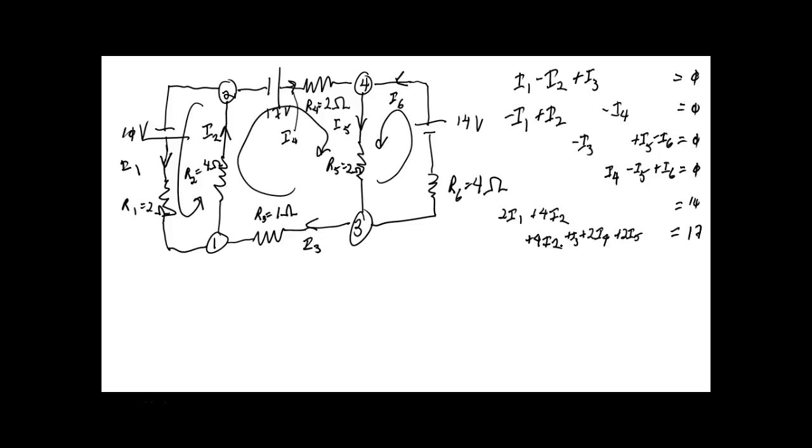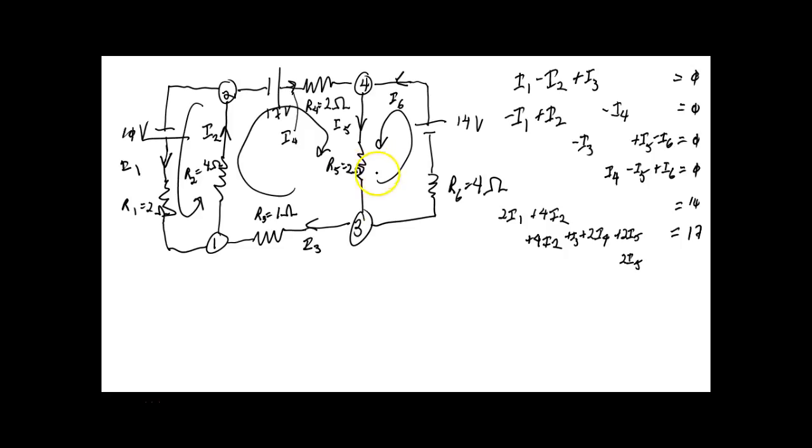Let's do the other loop over here. And you can start anywhere you want to. Let's just start up at 4. What's the first thing you get? Yeah, a drop of 2I5. And since we've got the drops on the left-hand side, we'll keep it positive.